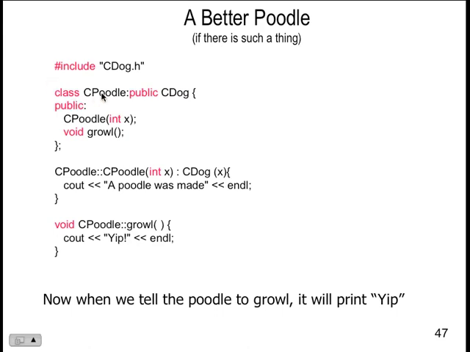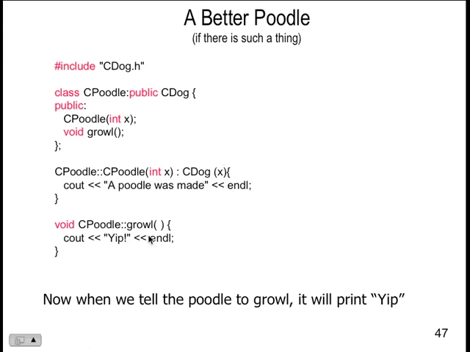Anyway, CPoodle, public CDog is the same as before. Here's the default constructor. Here's void growl, another method that's going to be in here. And this is the poodle was made. And then here, this is the new part down here where we're going to override. The way we override is essentially to create a new method body for it. We say from CPoodle, then growl. If CPoodle declares its own method, it overrides CDog's method of the same name.